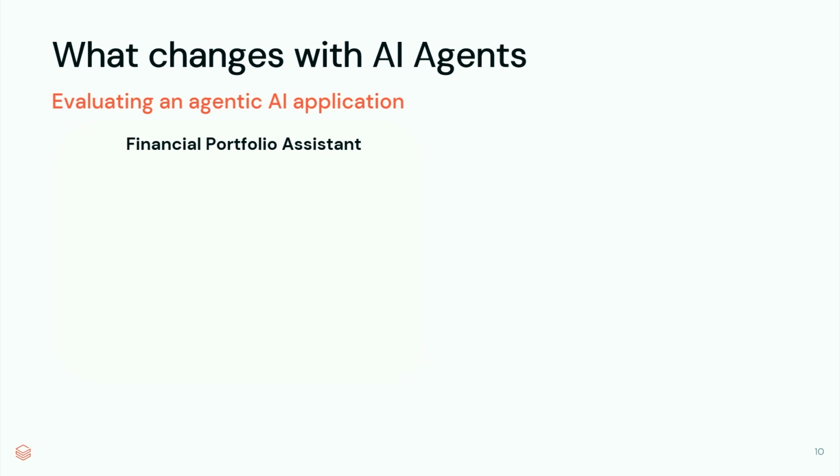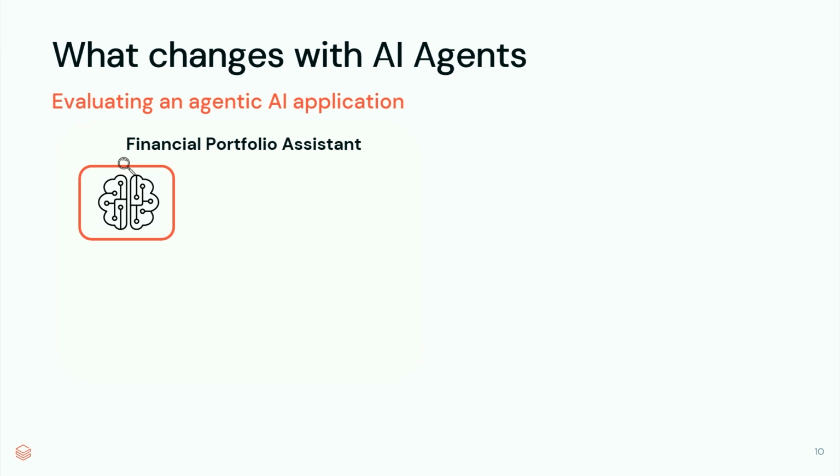I'm going to explain that a little bit with a hypothetical scenario of a financial portfolio analyst, and that is something which I'm going to demo as well. So let's imagine I have built one agent, which is a portfolio analyst, and there are multiple tools involved.